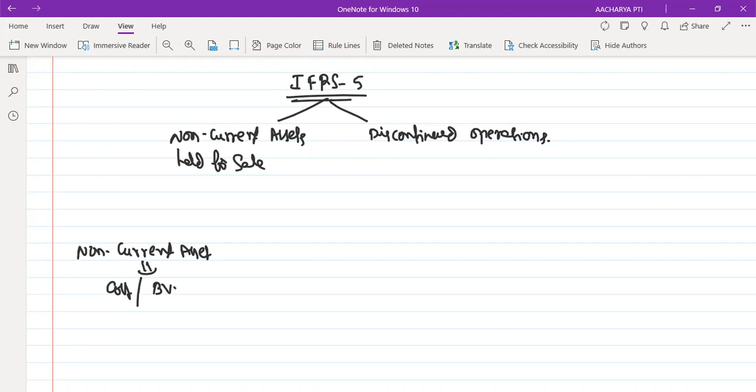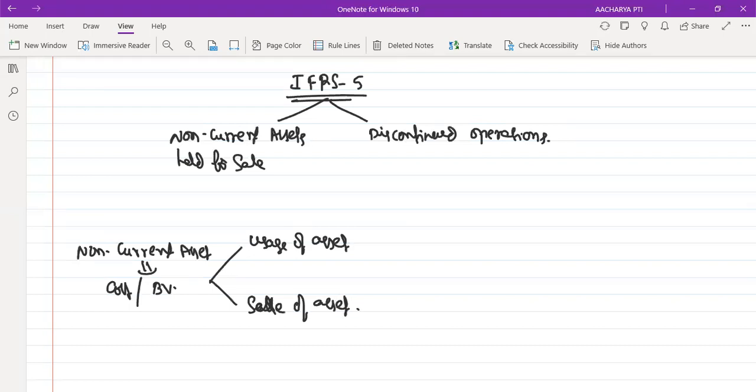Then how do we recover this book value, the cost of the respective non-current asset? Only two ways are there: one is by usage of the asset, and another is by sale of the asset.